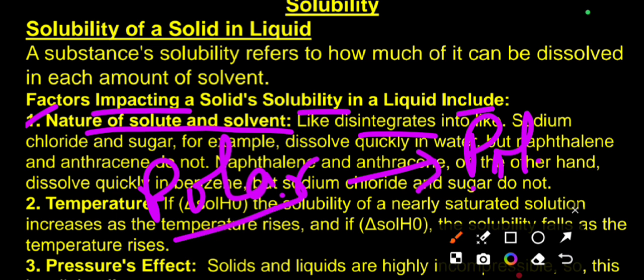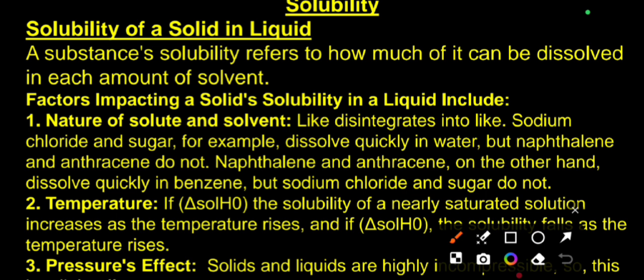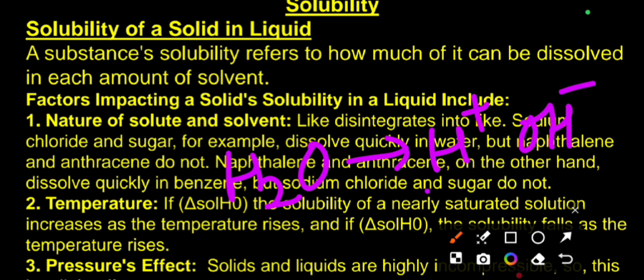So what is a polar compound? One which has an ionic pole. Suppose you are taking water. If you break this water molecule into ions, you get H positive ion and OH negative ion. It has two ions, positive as well as negative. That's why it behaves as a polar molecule.